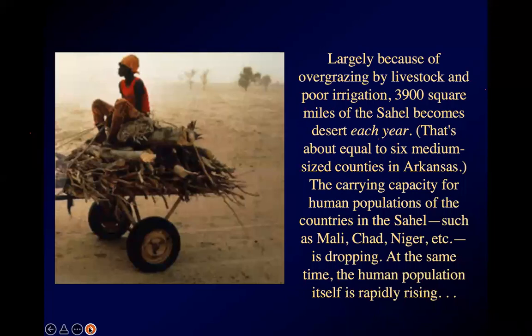There are poor irrigation techniques. And as a result of that, last I checked, nearly 4,000 square miles, roughly 6 typical Arkansas counties, turns into desert every year, turns from being dry grassland into a desert. And that means the carrying capacity for human populations in the Sahel is dropping.